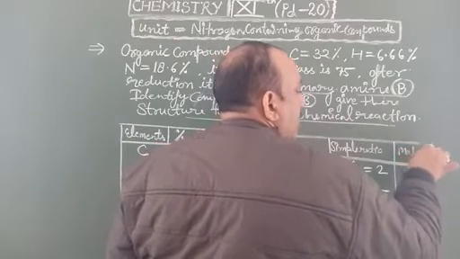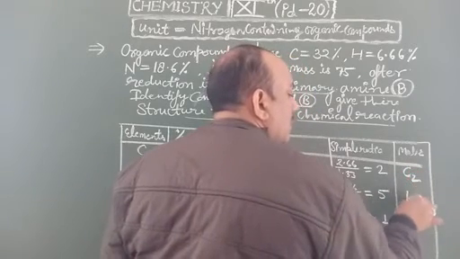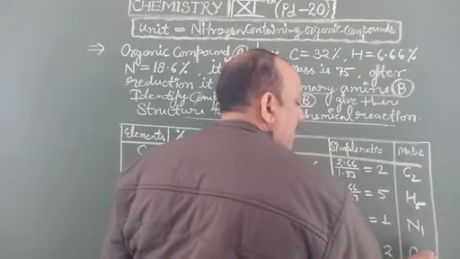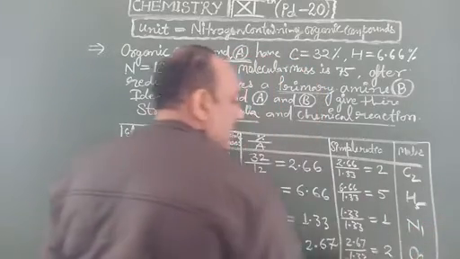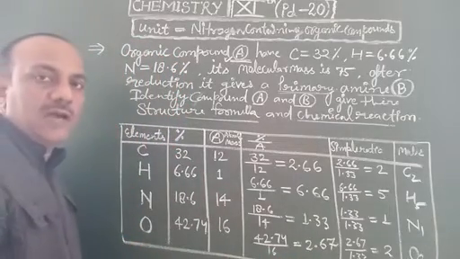So we write their moles with the elements: C2, H5, N1, O2. And here we find the empirical formula.